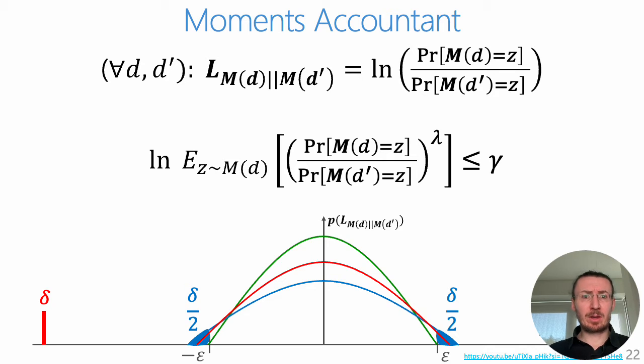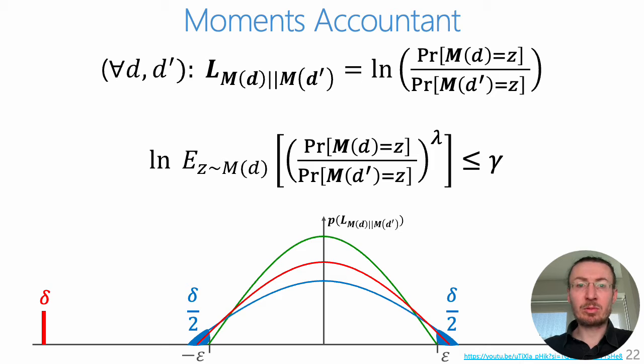So we here define a new inequality. So this is this new version of how we can control the ratio of the probabilities between the mechanism on dataset D versus D prime. So in the previous version, we want the random variable to be less than e to the power of epsilon. Instead now, for this new inequality, we want to control the expectation of the random variable.